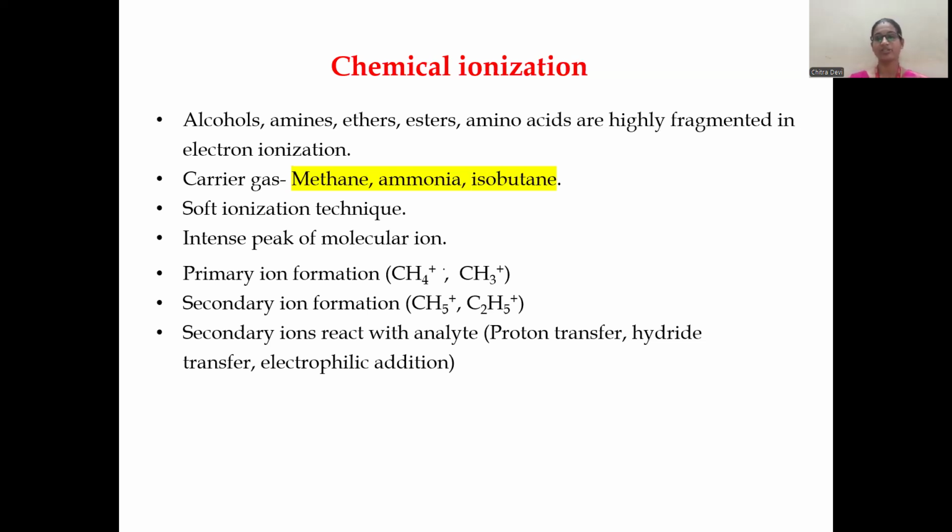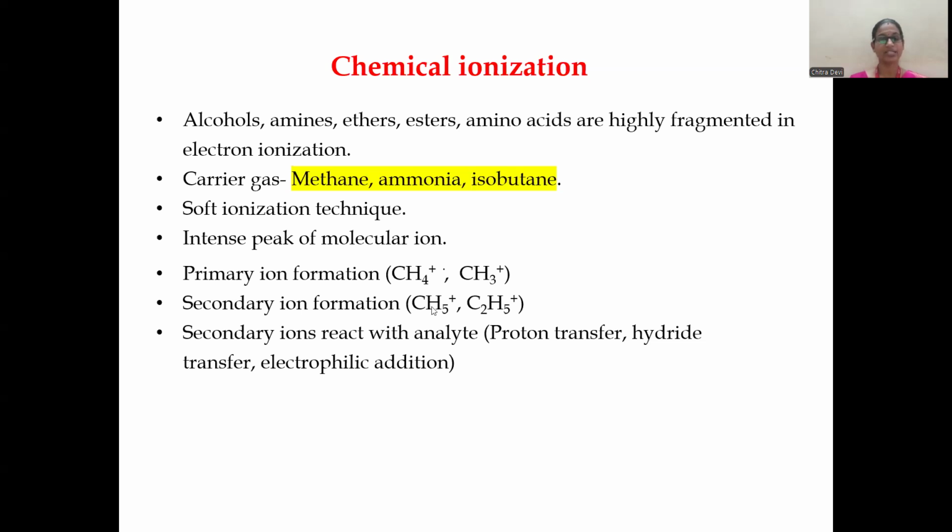Here you can get an intense peak of the molecular ion. For example, if you are using methane as a carrier gas, you can get primary ions as well as secondary ions. Mostly primary ions will be CH4 plus and CH3 plus.